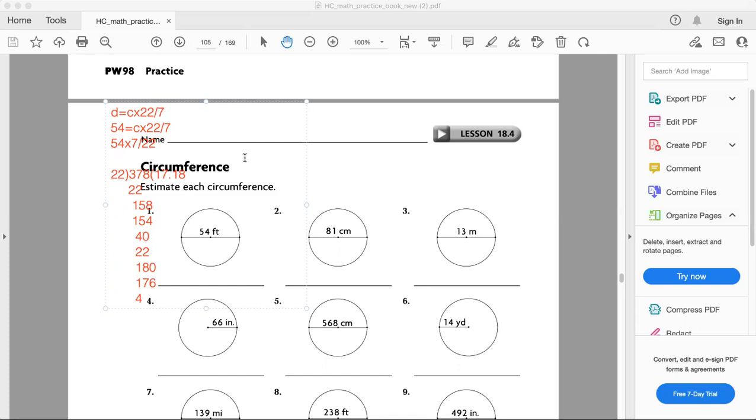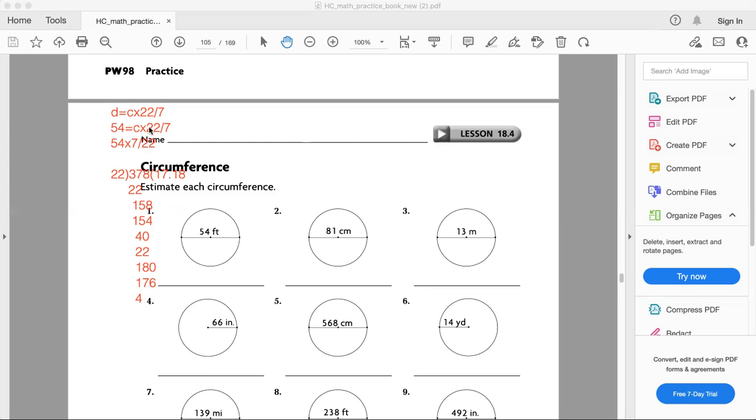We write 54 in place of diameter, and for circumference we don't know it, we have to find it out. Ma'am, d is equal to c multiplied by 22 divided by 7.